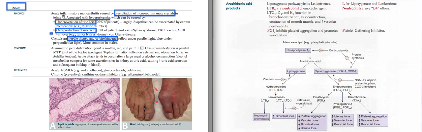Okay, so you will see that this overproduction is due to this PRPP excess.